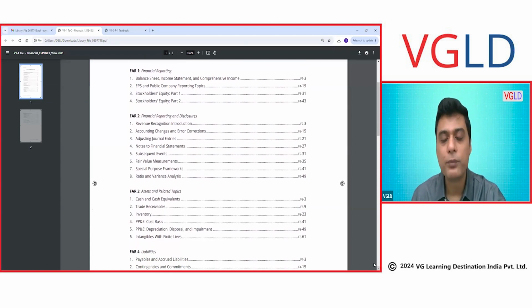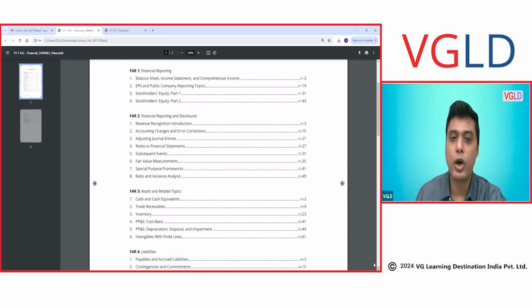Okay, FAR 2, revenue recognition, again a tricky concept, and especially the revenue recognition part 2, which has now been brought back to FAR. Here we can only see one module on revenue recognition introduction, but they have brought back the other revenue recognition concepts into FAR.